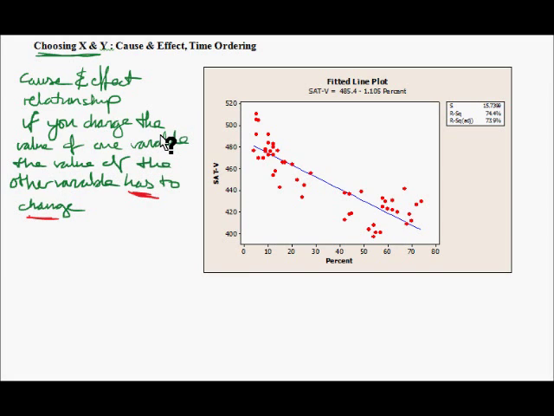Okay, so some things have cause and effect, some things don't.